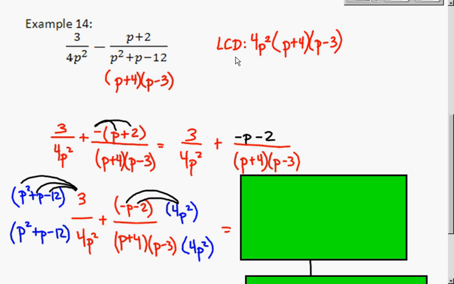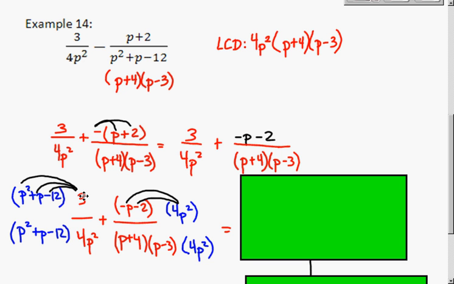Next thing is I'm actually going to use my least common denominator. So what I had to do is take this p squared plus p minus 12, and bring it to this side here. It's easier to take this trinomial and multiply it versus taking the two factored ones. But it's nice to know the factored form for reducing.